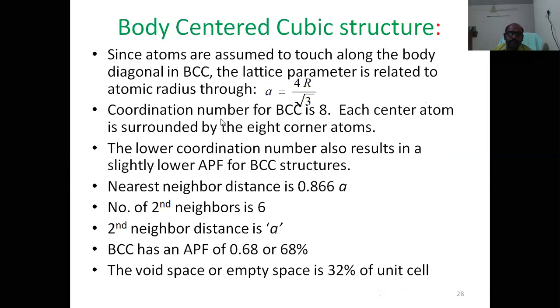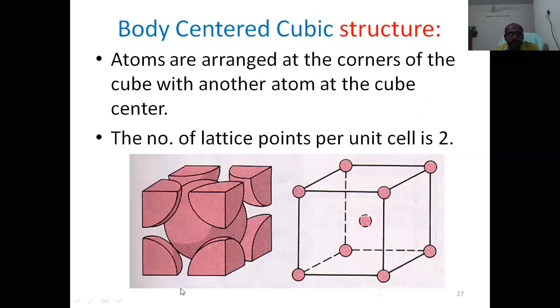The coordination number for BCC is 8. That means if we look at the nearest neighbors, we take this point as reference. Here to here the distance is a, and here to here it is root 2a, that is about 1.4a, and this is obviously a.